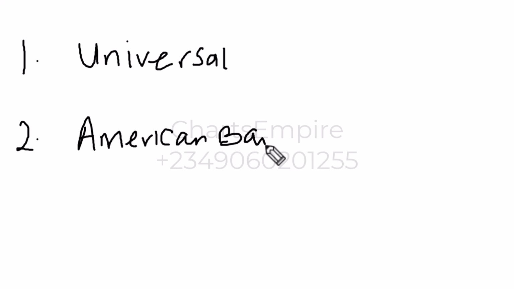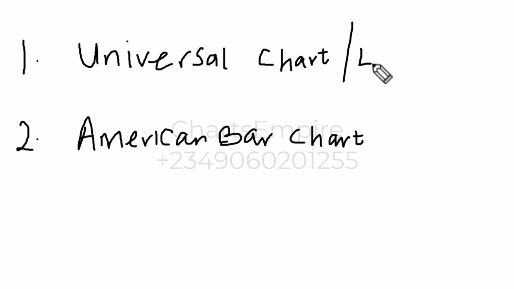And the second one is what I call the American chart or the Western chart. American bar chart, right? This is the second popularly known language or art of charting. We have the universal chart, and another name for the universal chart is the line chart.